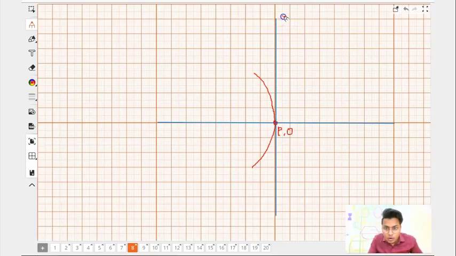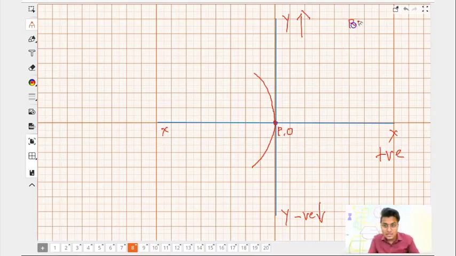So I'll call this my y-axis, this my x-axis, this y, and this x again. Now I believe all of you guys know that the y-axis is positive on the top, and negative on the bottom, correct? The x-axis is positive on the RHS, I'll name this RHS, and the x-axis is negative on the LHS. You guys are pretty clear about that also, correct?